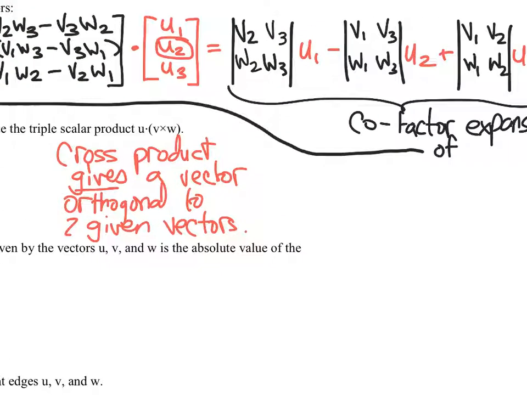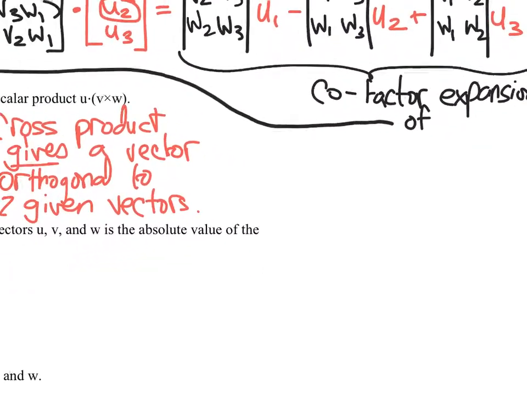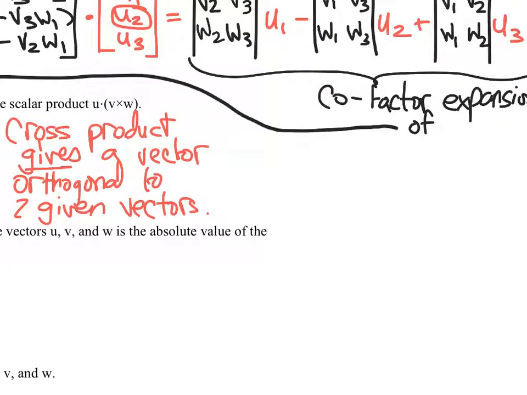All right, so I'm starting off with my two given vectors. I got one going this way, one going that way. That's my cross product. All right, that's easy enough.